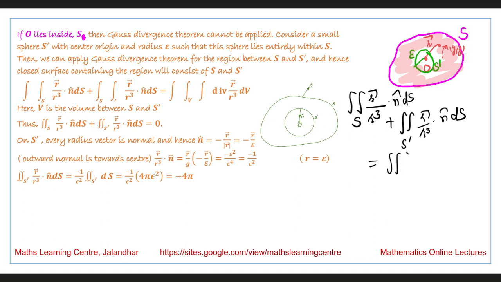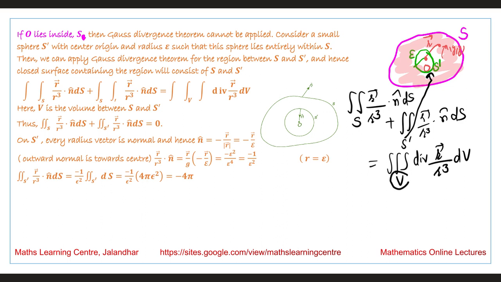This is equal to the triple integral over V of divergence of r vector over r cube dv, where S dash is this portion.